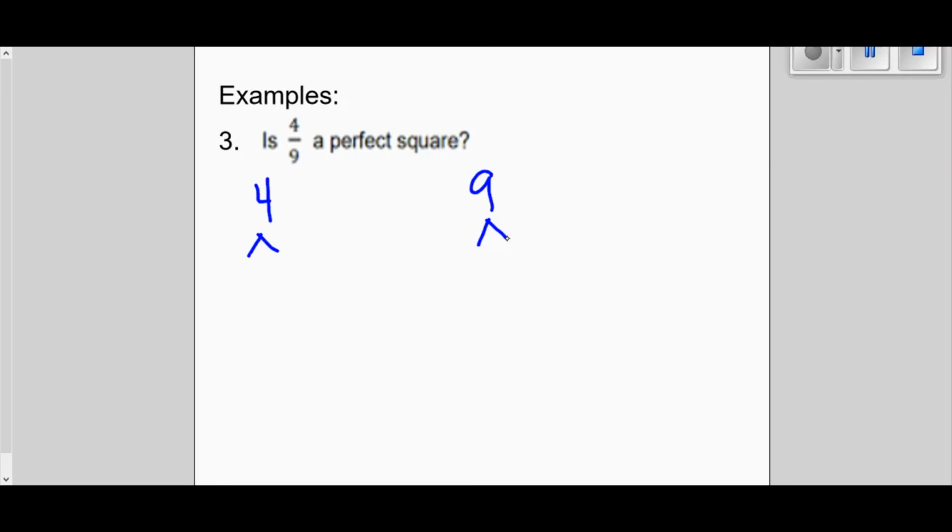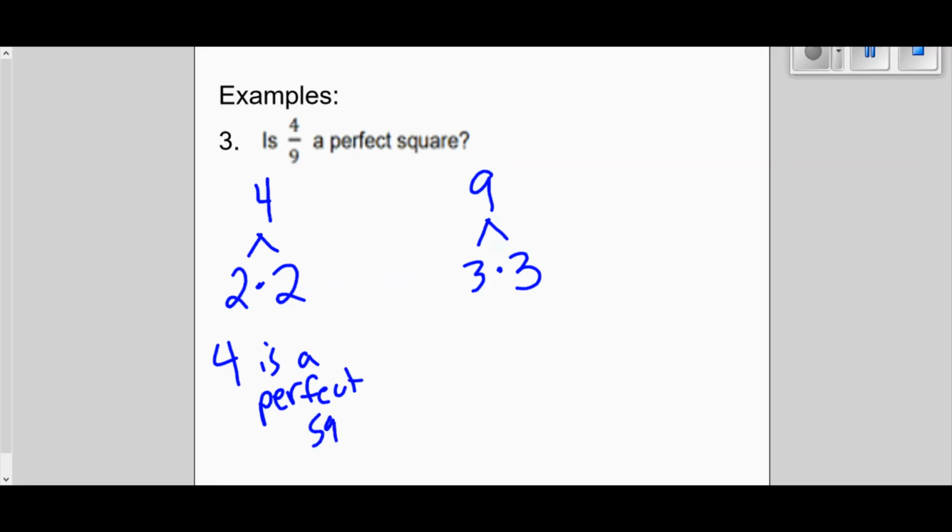So 4, we've seen that one a couple times already. That's 2 times 2. And 9 is 3 times 3. So this means that 4 is a perfect square, and 9 is a perfect square.